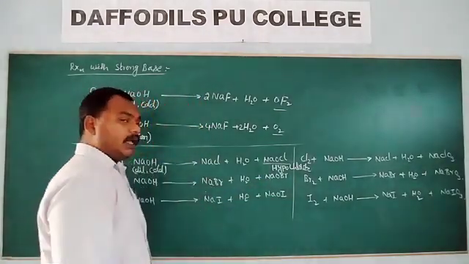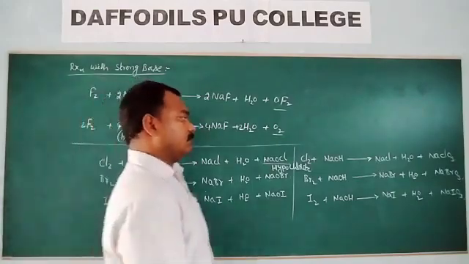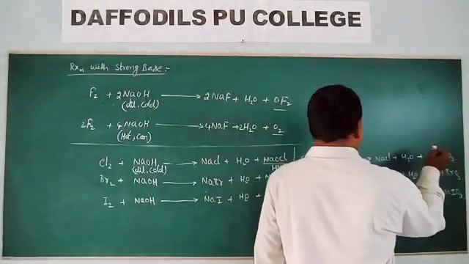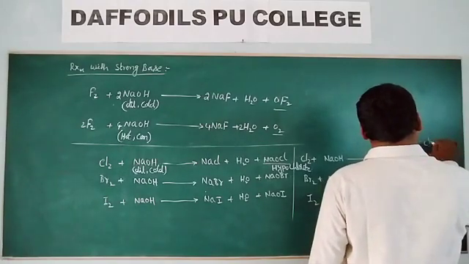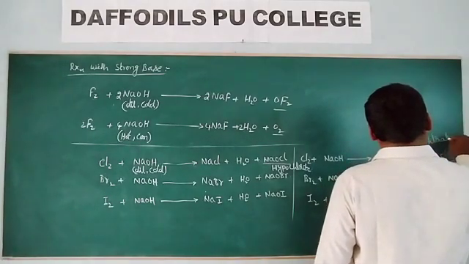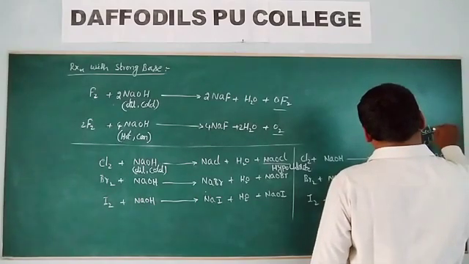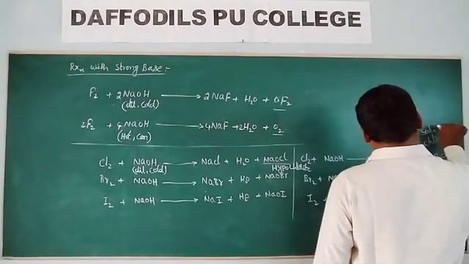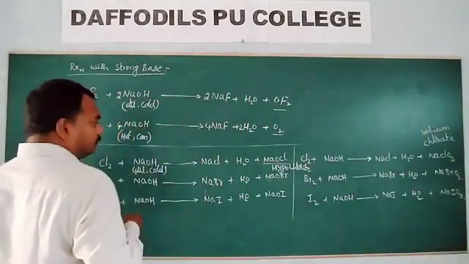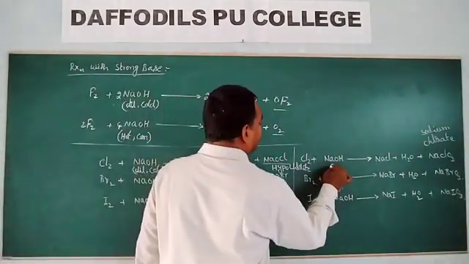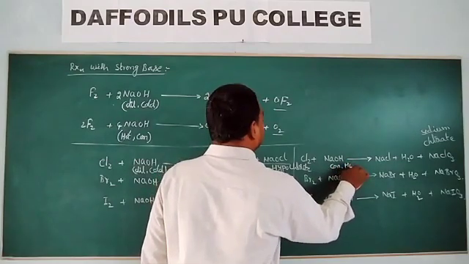Its name is sodium hypoiodite. What is its name? Sodium chlorate. Sodium chlorate. Concentrated amount.